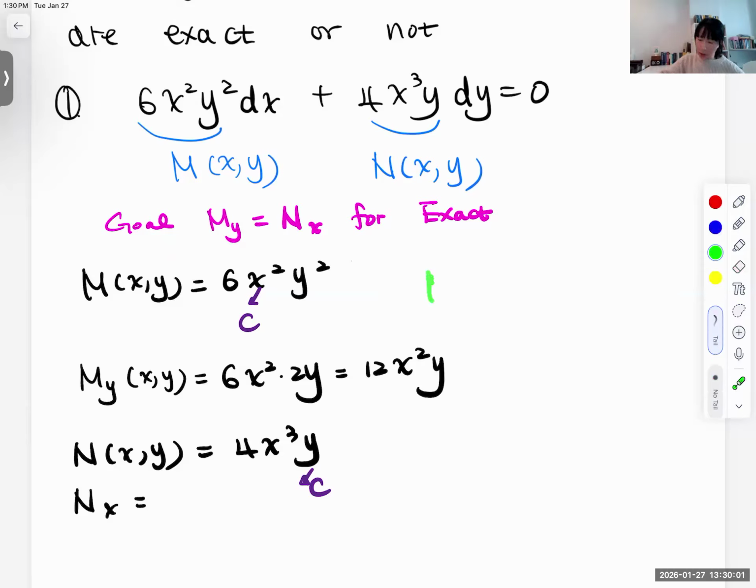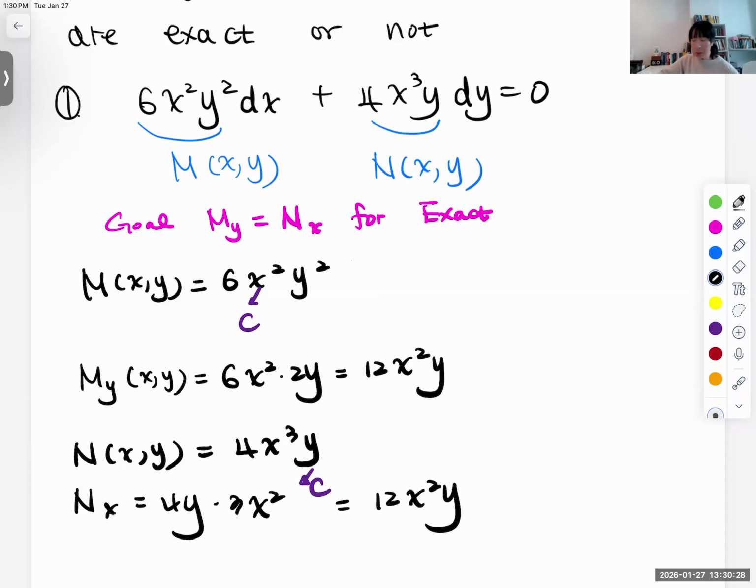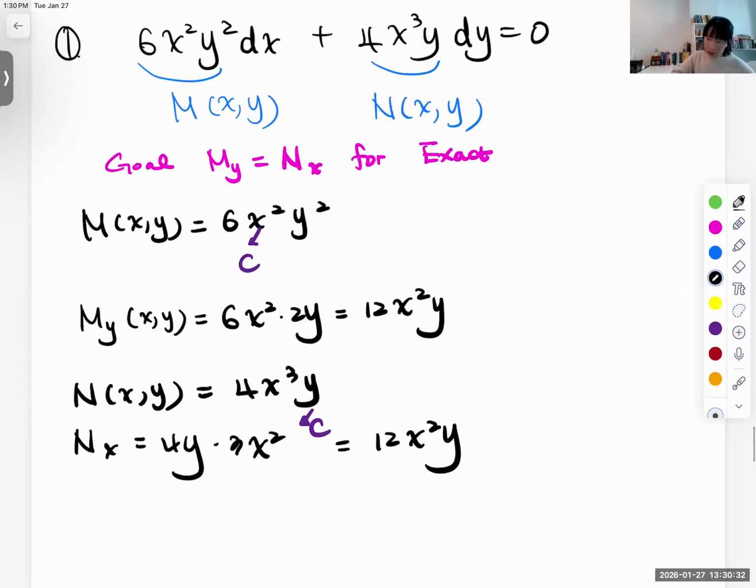The form is M dx plus N dy, right? That is the form. Now y is constant, so 4y times 3x to the second power, right? So there will be 12x squared y. It matched, right? So it's exact.